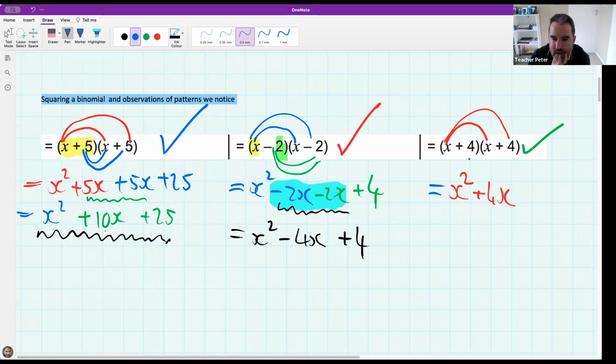And then I multiplied the other 4, the first one, with the x. Okay, and you got 4x plus 4x again. And then I multiplied 4 with the other 4. And what did you get? Plus 16. Okay, awesome. Now, were you able to make this even simpler?